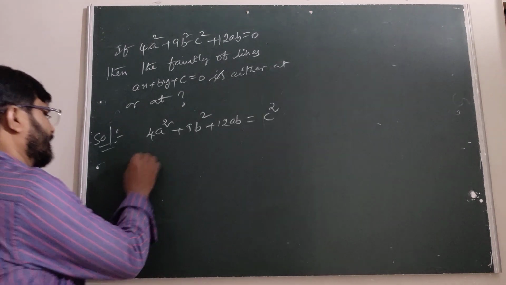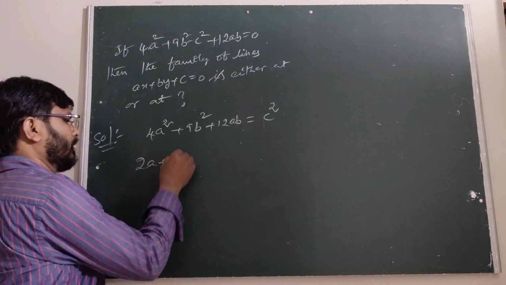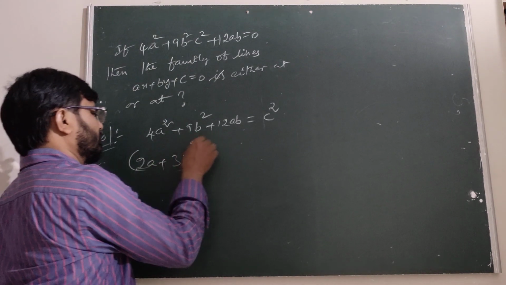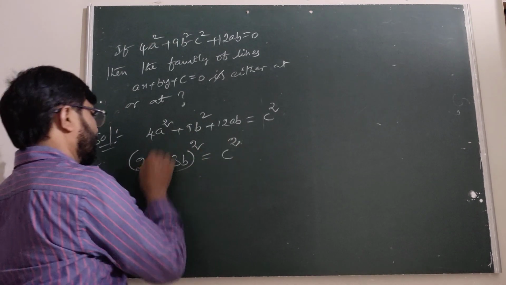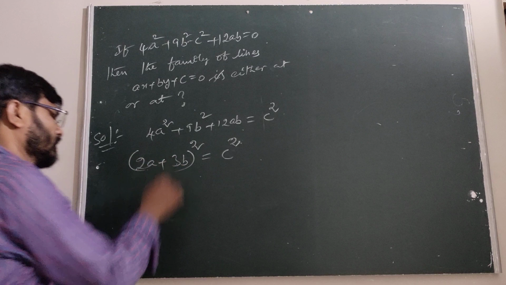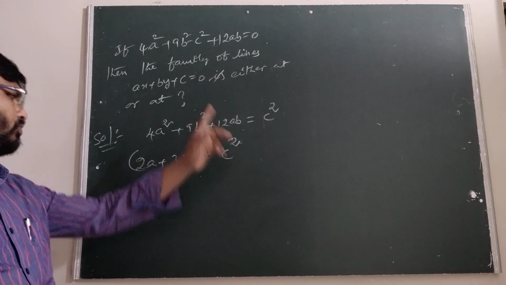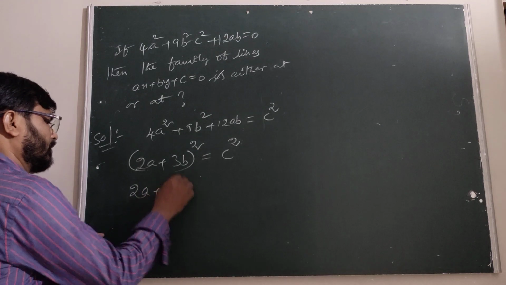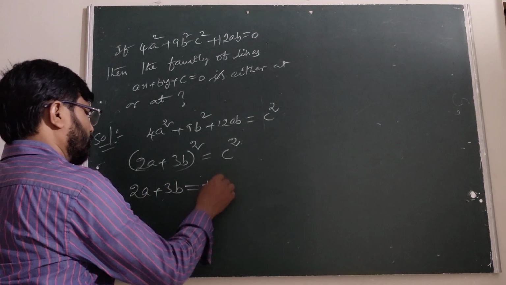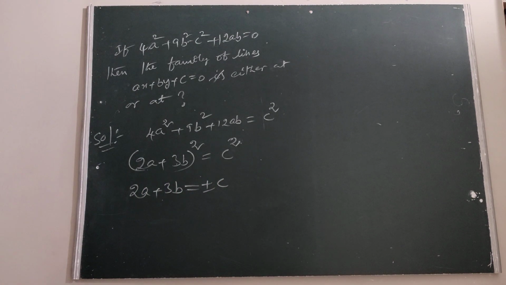Now this can be written as (2a plus 3b) whole square equal to c square. This is a square, b square, 2ab: 2 threes are 6, 6 twos are 12. Now this can be written as 2a plus 3b equal to plus or minus c.